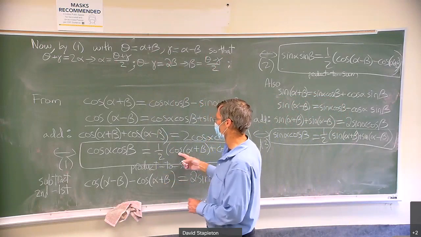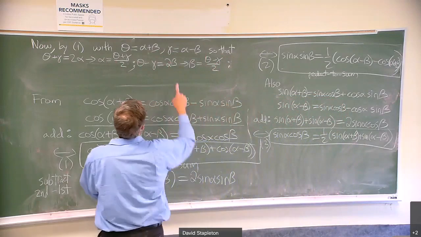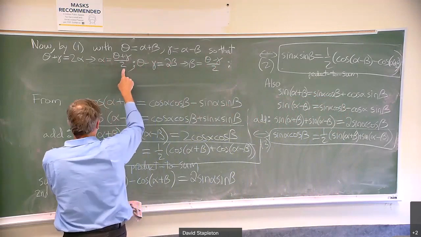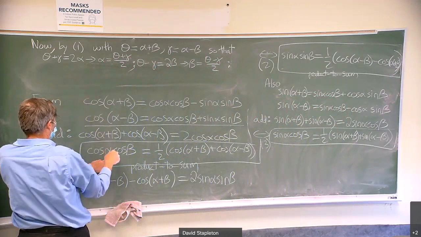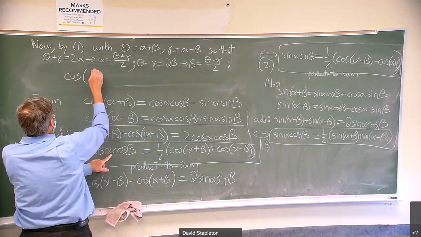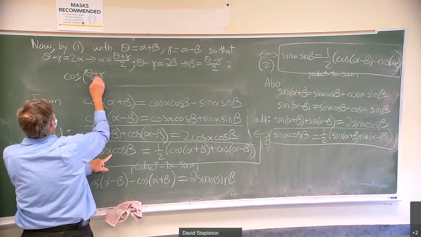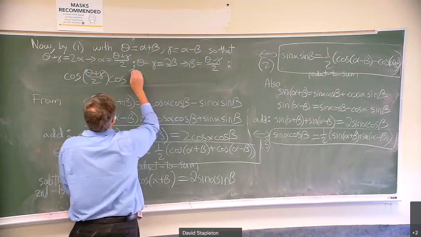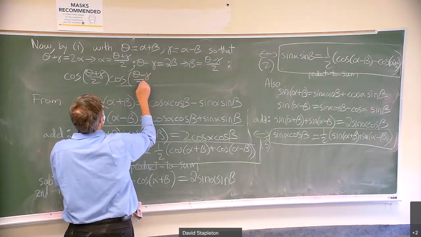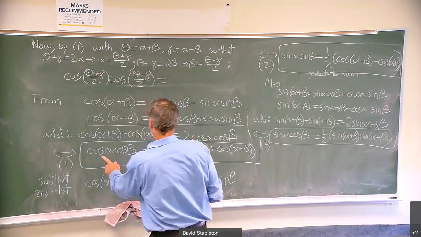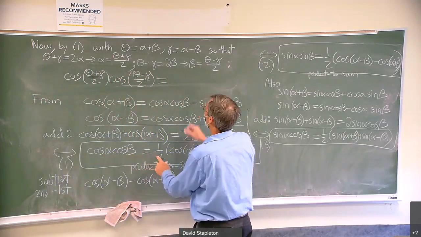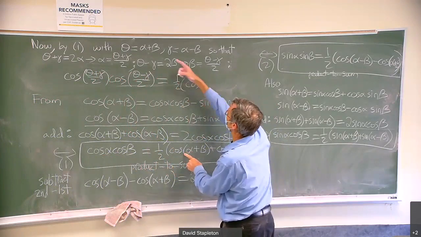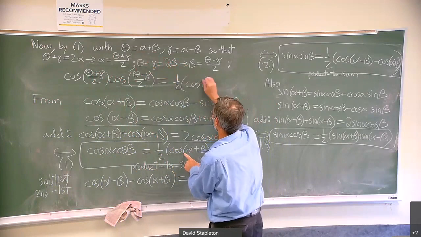Equation 1 becomes, here's 1, we just put those things in. Alpha we replace with theta plus gamma over 2. 1 becomes cosine theta plus gamma over 2 times cosine beta, where beta is theta minus gamma over 2, equals, we're doing this equation with alpha and beta replaced, 1/2, and now it's easier because you have cosine of alpha plus beta, but alpha plus beta is theta, that was the original substitution.